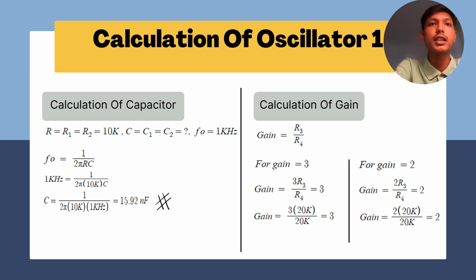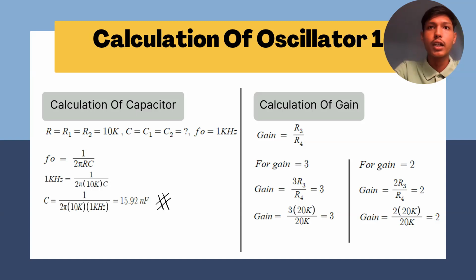So the calculation is C equal to 1 per 2 pi times 10 kilo ohm times 1 kilohertz. So the value of capacitor that we will get is 15.92 nanofarad.